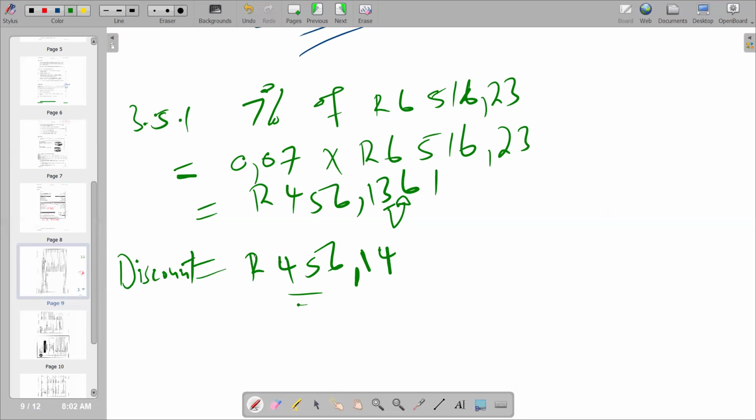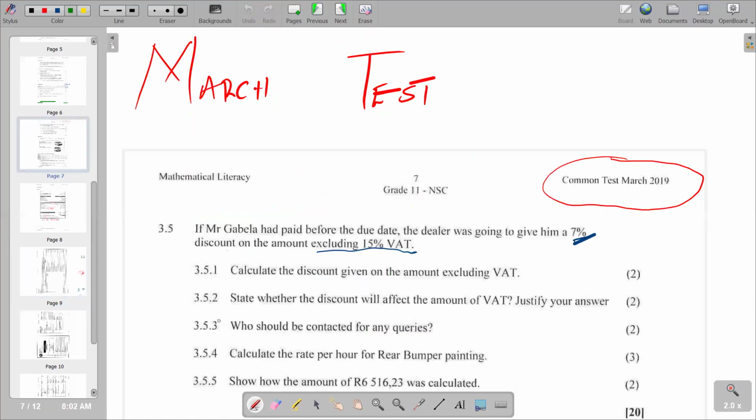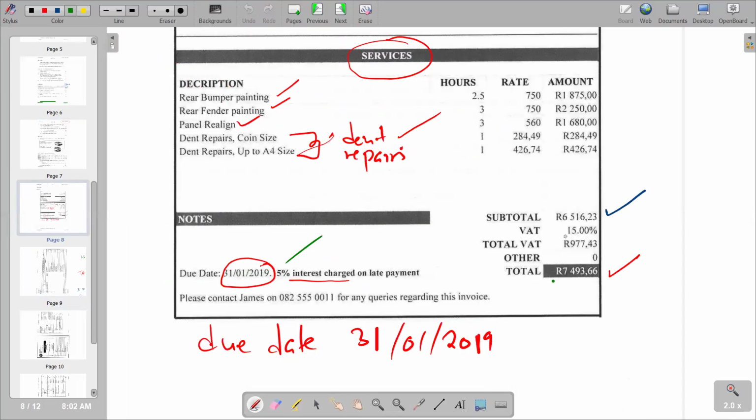So we try to go to the next question, and that we have 3.5.2. State whether the discount will affect the amount of VAT, justify your answer. So if you come to the invoice, you see that to be now lesser.